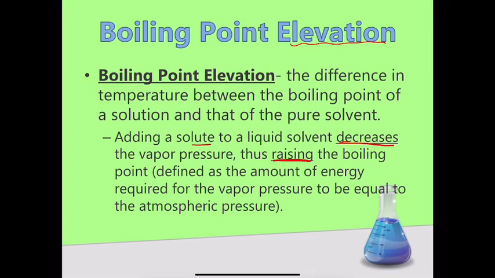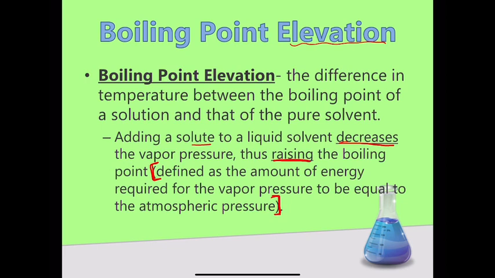If you remember, this is kind of key, this part in parentheses. The boiling point is defined as the amount of energy required for the vapor pressure to be equal to the atmospheric pressure. So if we lower the vapor pressure, then that's going to cause the boiling point to be raised, okay?